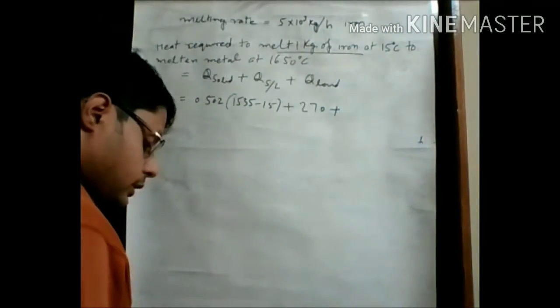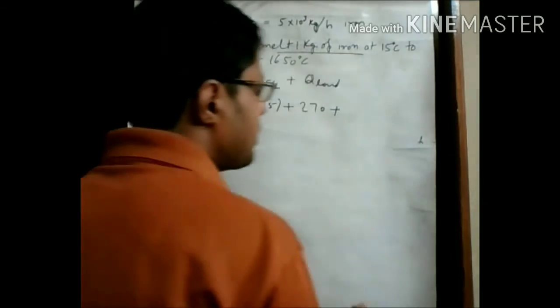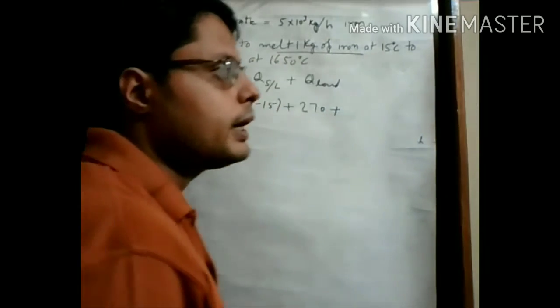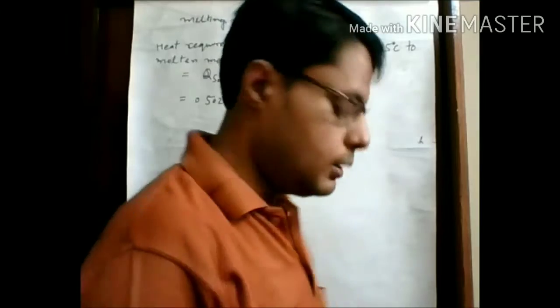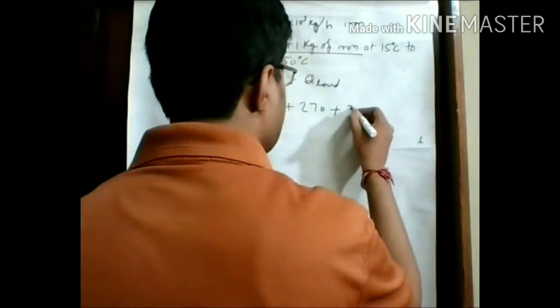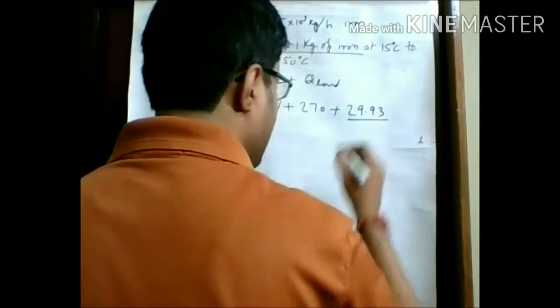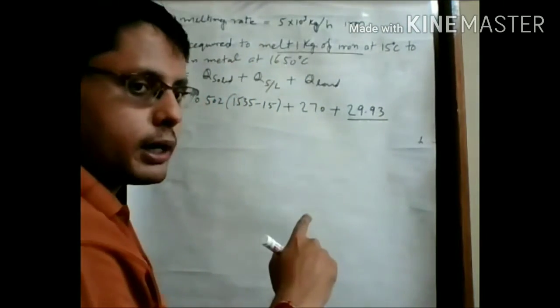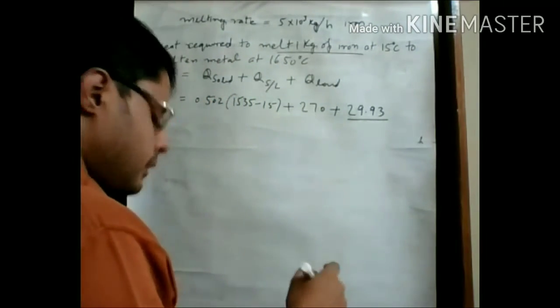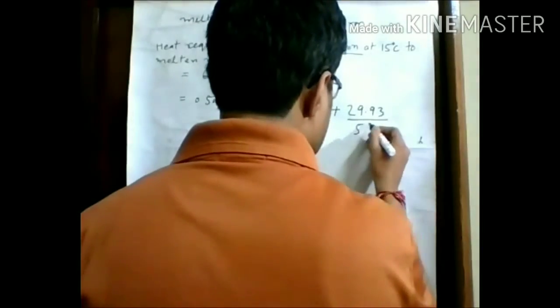the heat required in liquid state. Here C is given in terms of atomic weight. In the problem, we have C in the liquid state of iron given as 29.93 upon the atomic weight of iron. What is the atomic weight of iron? We know that it is 56.